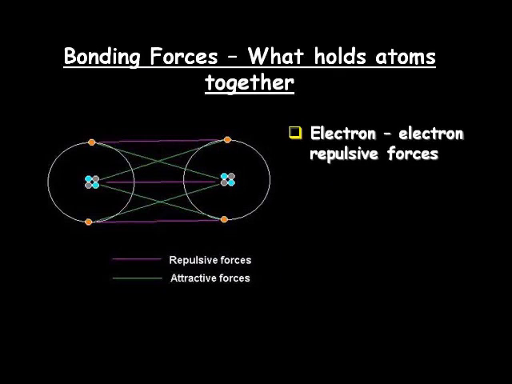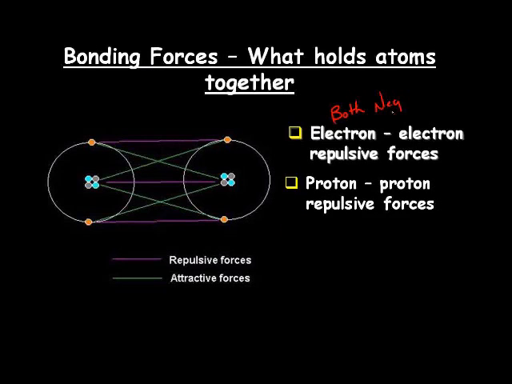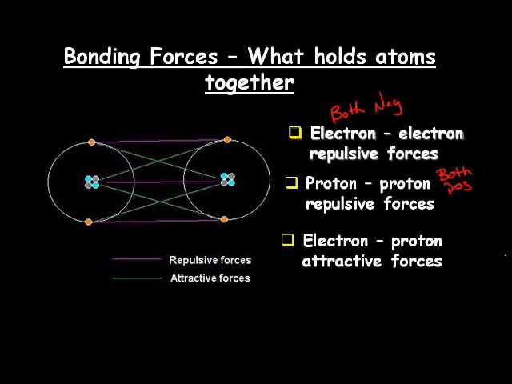We have electron-electron forces which push atoms apart, because electrons are both negative, so they repel one another. We have proton-proton forces. These are both positive, so they are going to push each other away. But what keeps them together is the electron-proton attractive forces.